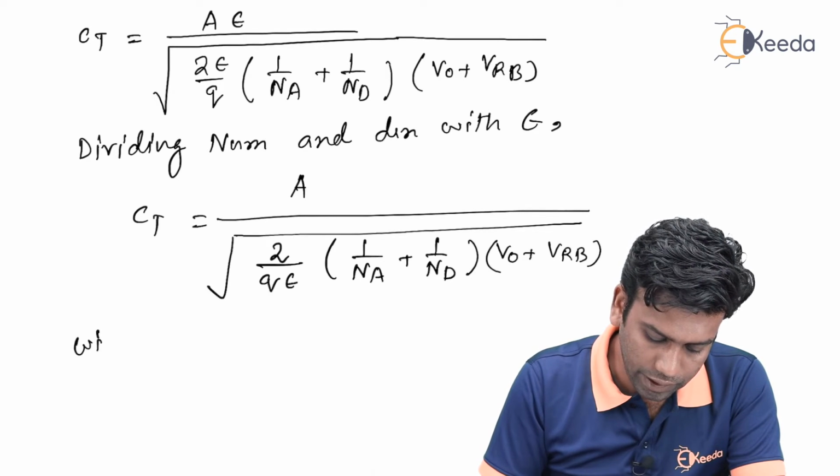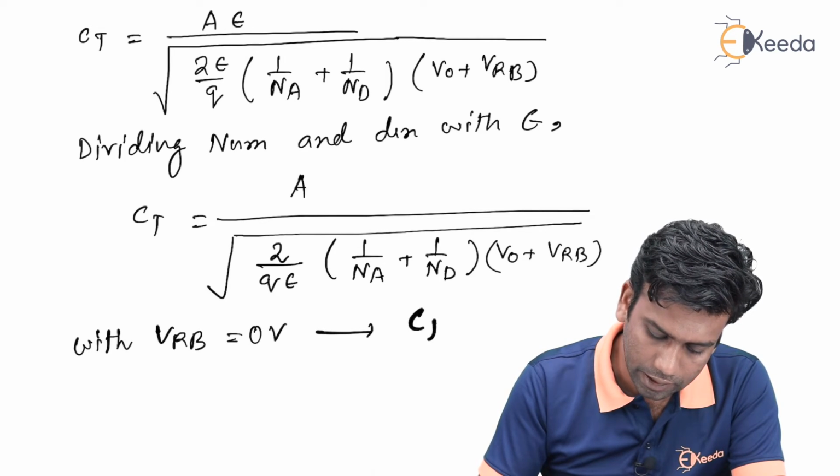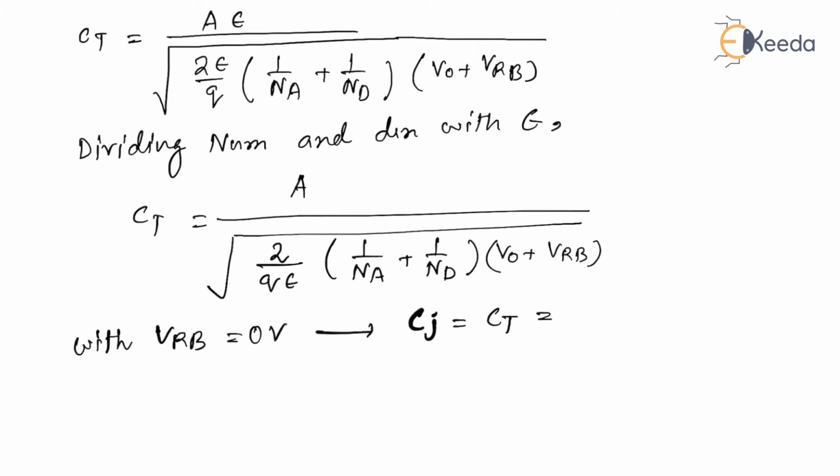Now, with VRB equal to 0 voltage, we can say that the Cj value or the Ct value, that is the transition capacitance value, let us assume as Cj0. So, Cj0 is the junction capacitance in the reverse bias mode at 0 reverse bias potential. So, we can say that Ct0 is equal to Cj0.